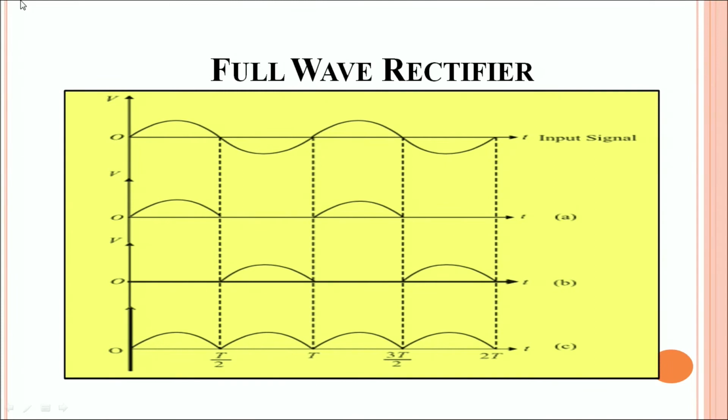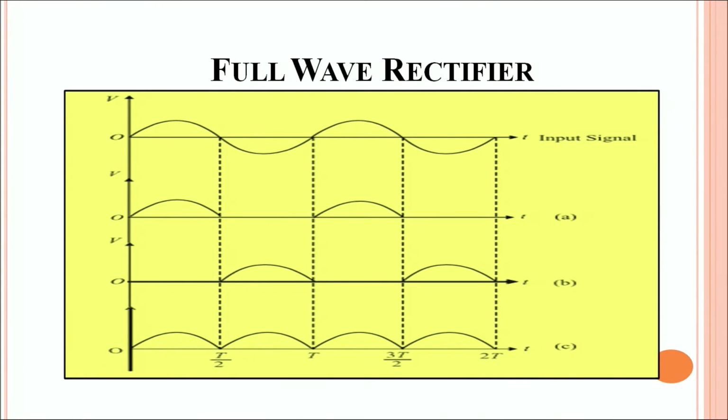During the positive cycle, the first diode, that is D1, conducts, and thus across the load we measure the voltage drop from D1. During the negative half of the cycle, the diode D1 blocks the current, but D2 starts conducting. Again, there is a voltage drop across the load resistor RL.